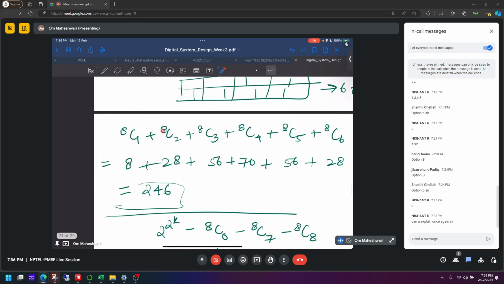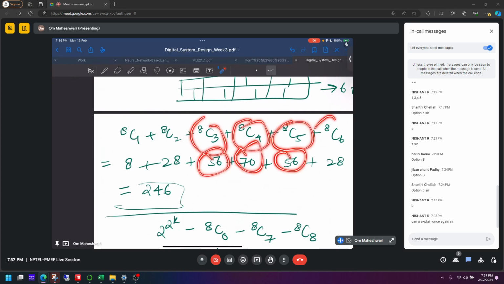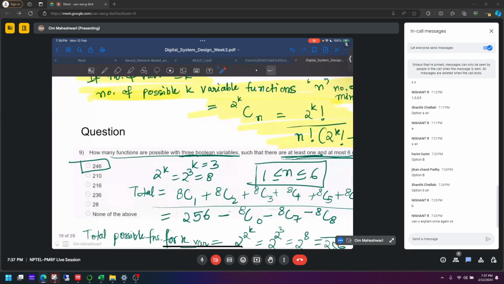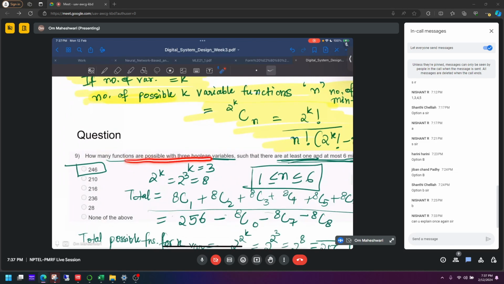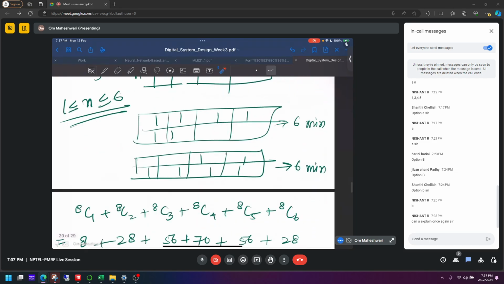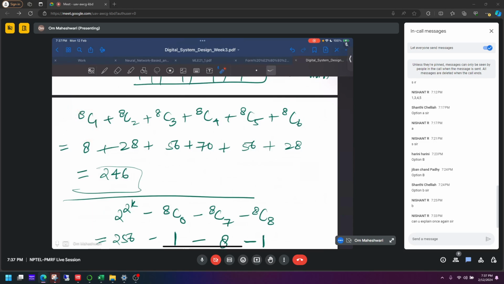There's a total of 8c2, that is 28 combinations. Similarly, for 3 it is 56, for 4 it is 70, for 5 it is 56, and for 6 it is 28. So that was the question: the number of possible functions with 3 variables such that there is at least 1 minterm and at most 6 minterms. That is, the number of minterms varies from 1 to 6.